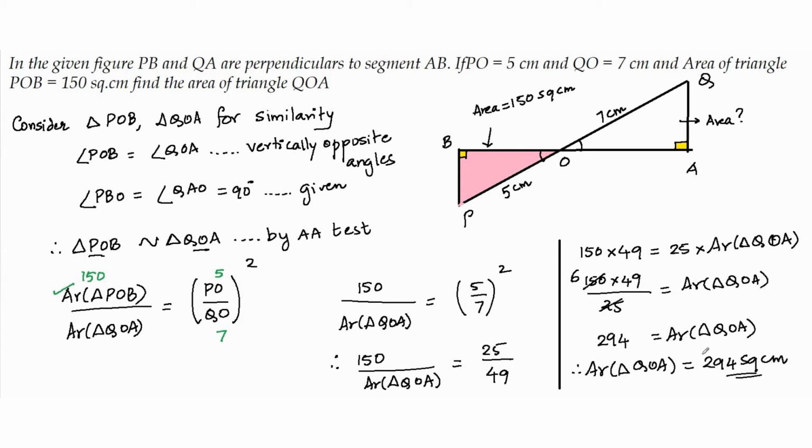So using the AA test, I first proved similarity, and then I used the area proposition of similar triangles to find the unknown area.